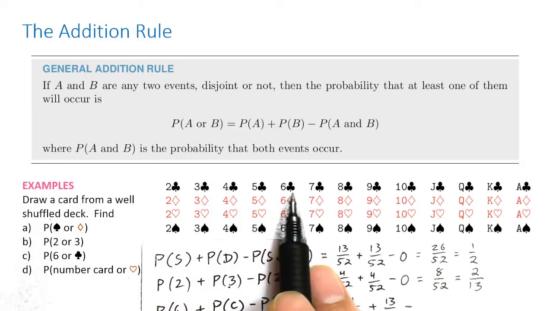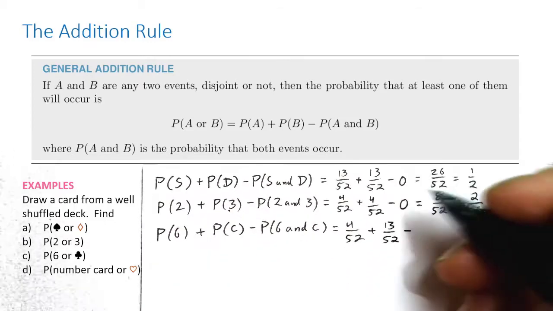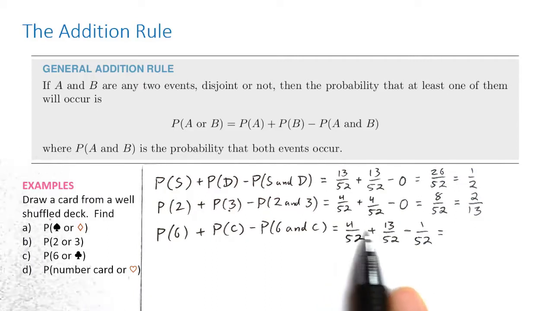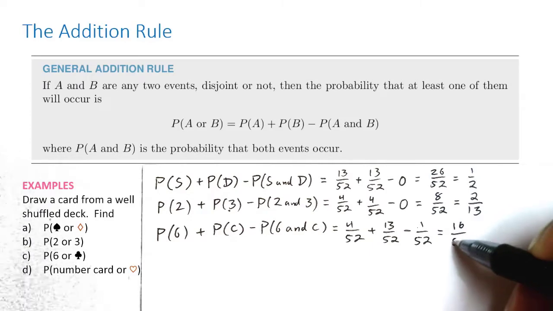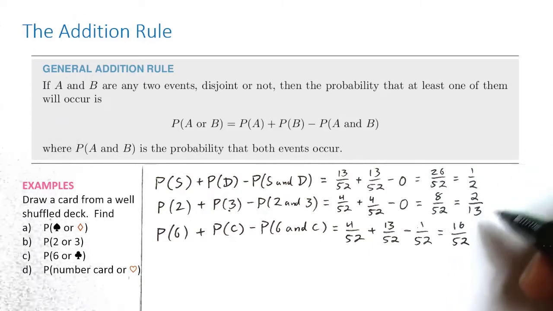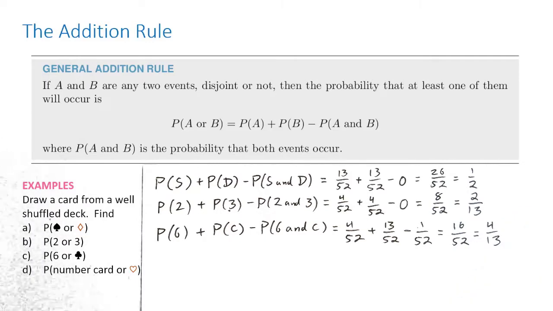You can get the 6 of clubs. So that's 1 out of 52. So minus 1 out of 52. And so we have 4 plus 13 is 17, minus 1 is 16 out of 52, which simplifies to 4 out of 13.